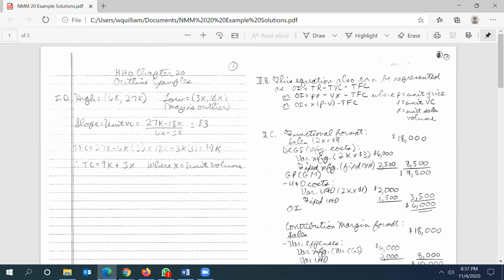First, I've got sales revenue. 2,000 units times $9 a piece, $18,000. Then one way that costs behave is as manufacturing or cost of goods sold. Some are variable, some are fixed. So variable manufacturing, so that would be direct materials, direct labor, and variable overhead. 2,000 units, $3 a piece.